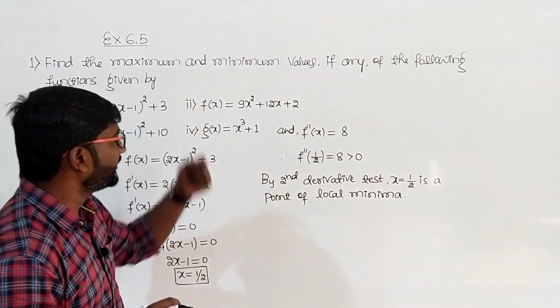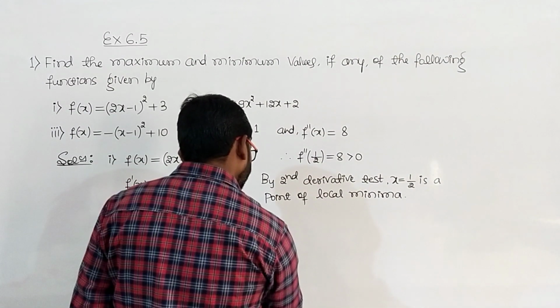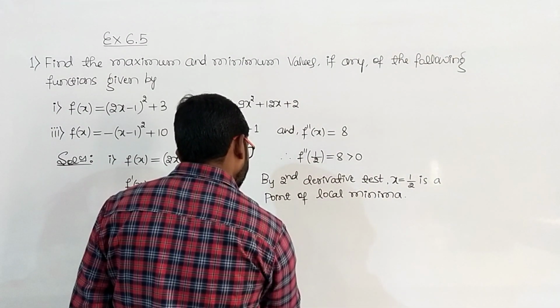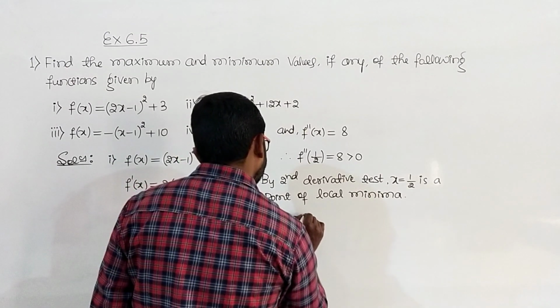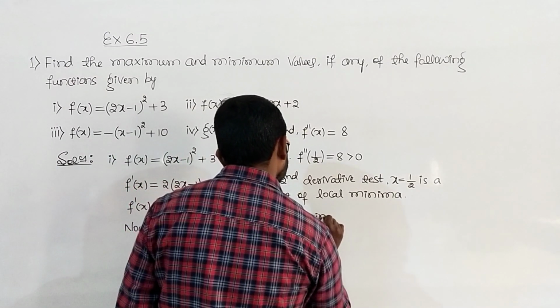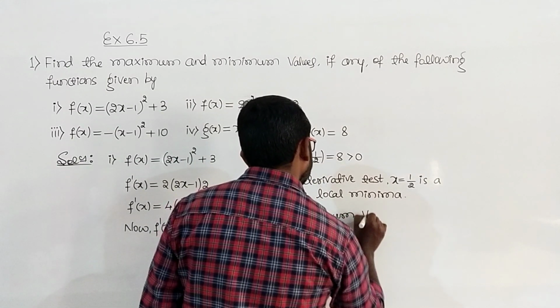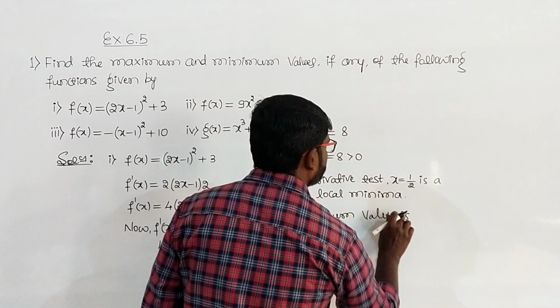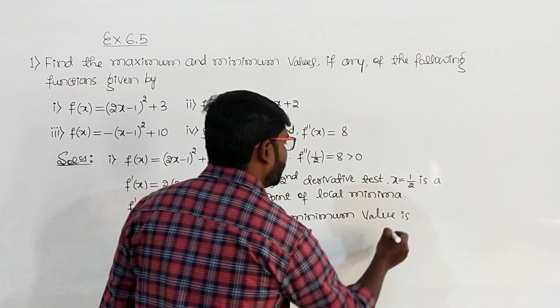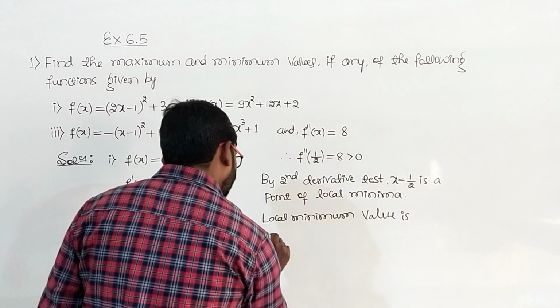That will be the minimum value. Therefore, this implies the local minimum value is f of 1 by 2.